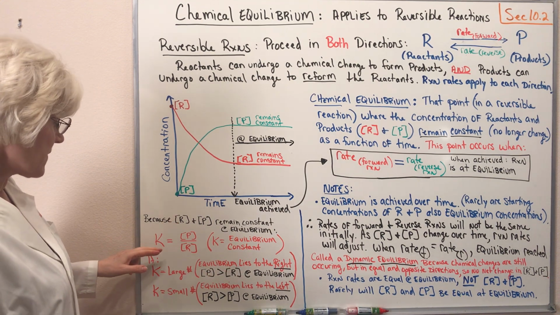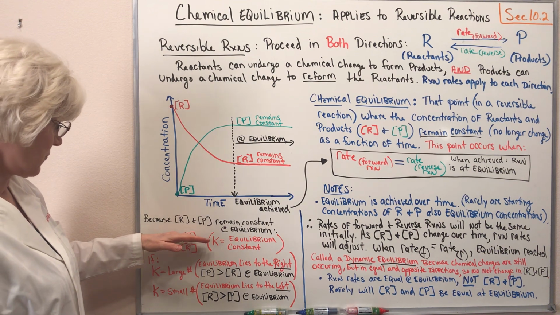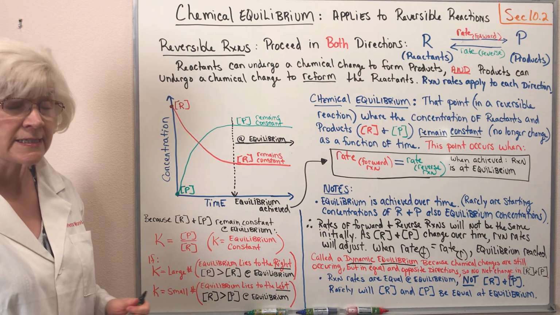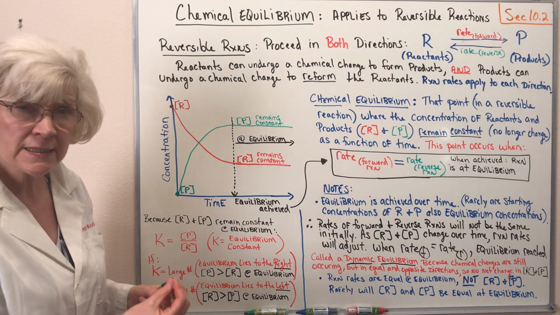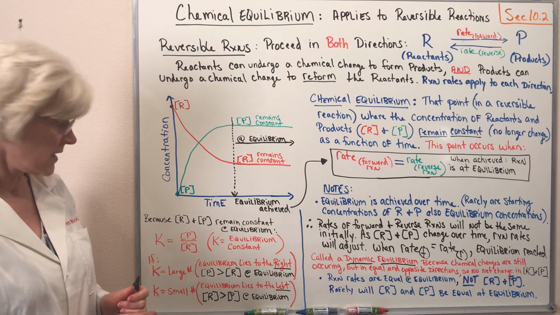And the equilibrium constant is calculated by taking the concentration of products and dividing them by the concentration of reactants. It's a little more complex than that, but that's beyond the scope of this particular lecture.